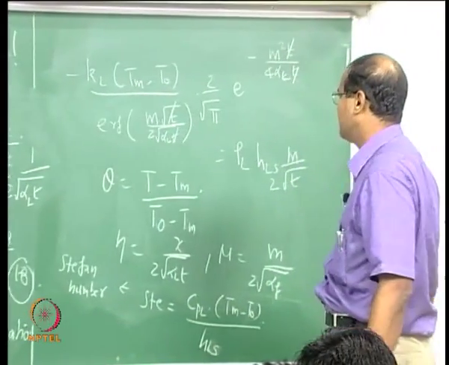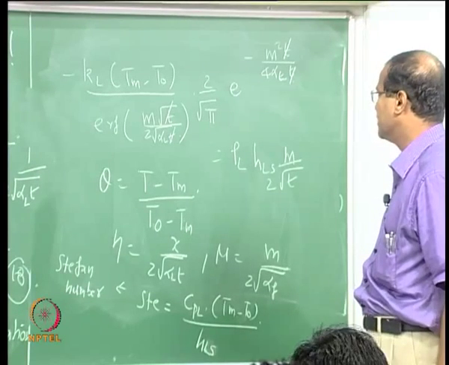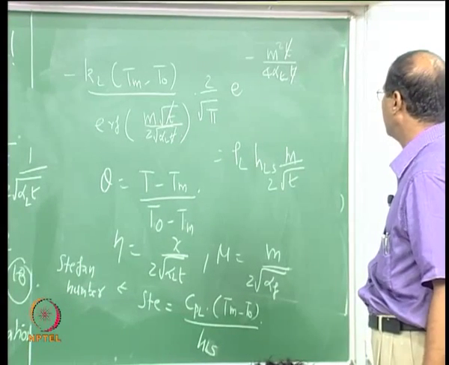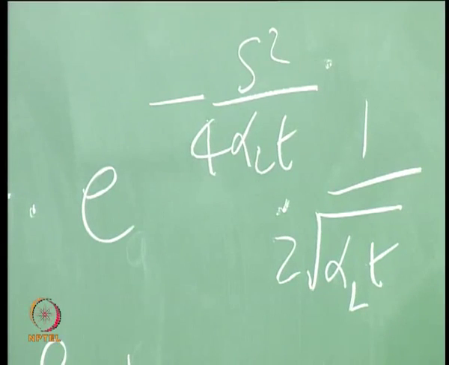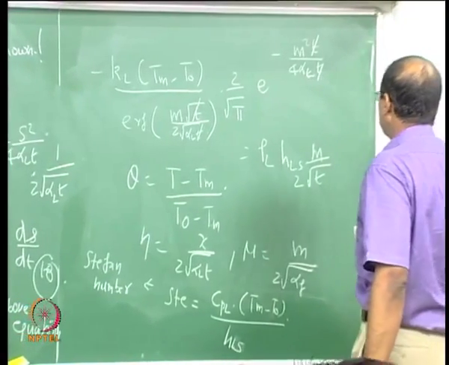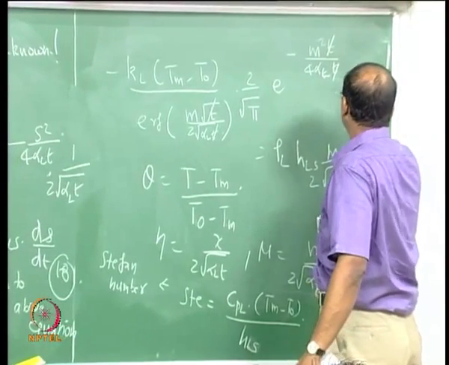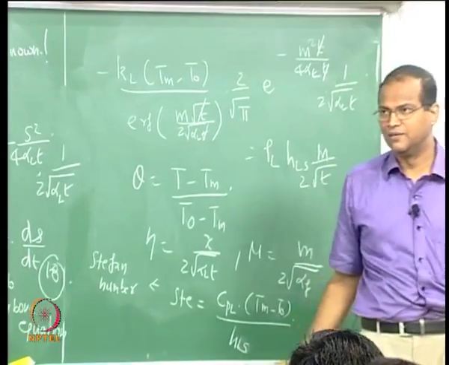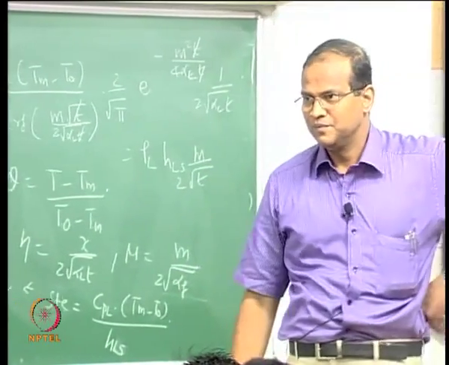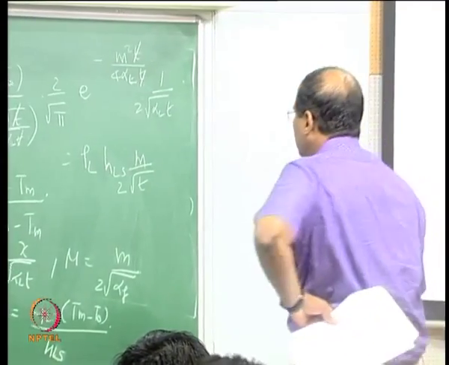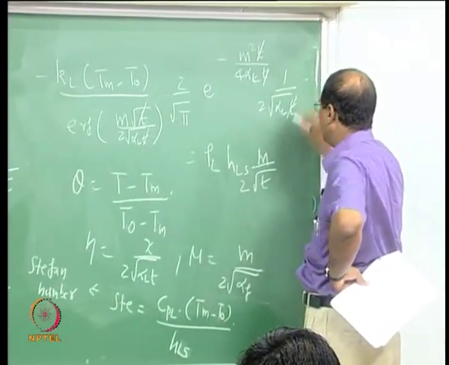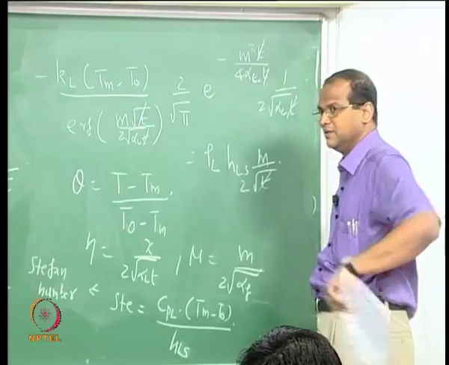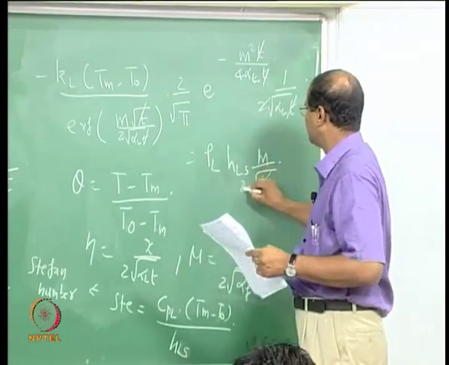Now the 1 by root t is getting ditched somewhere. I don't like the 1 by root t. Is it going? Yes, left hand side 1 by root t, right hand side 1 by root t, and the 2 also gets cancelled.